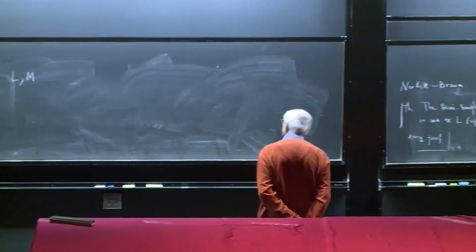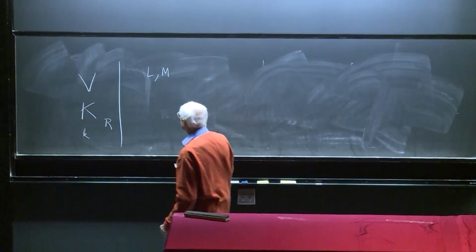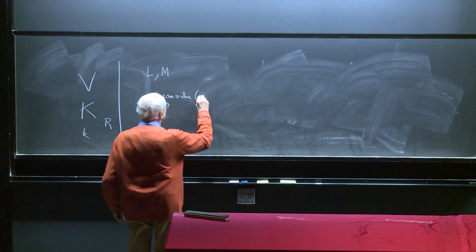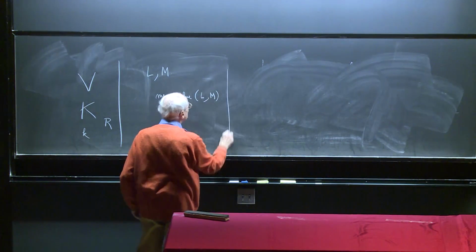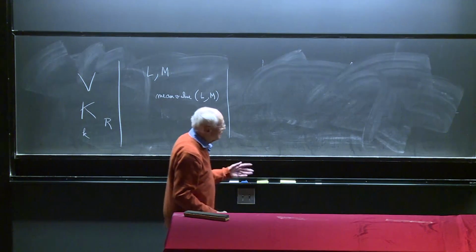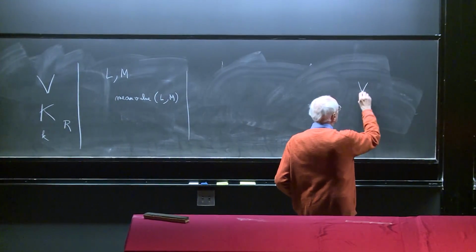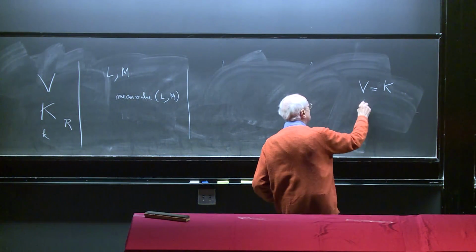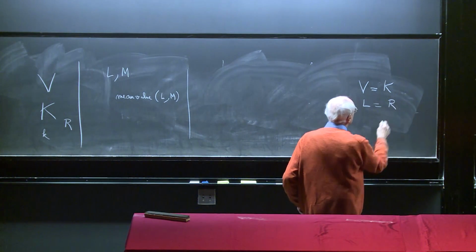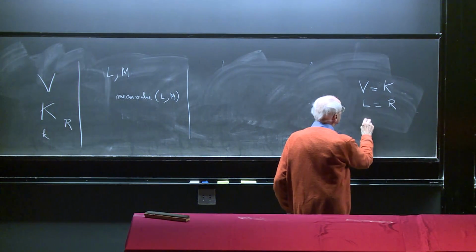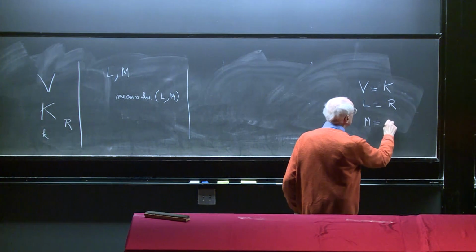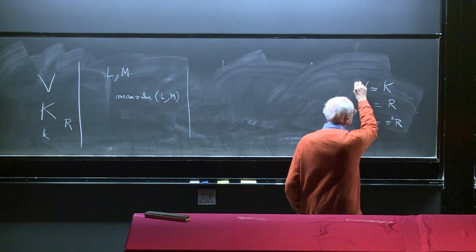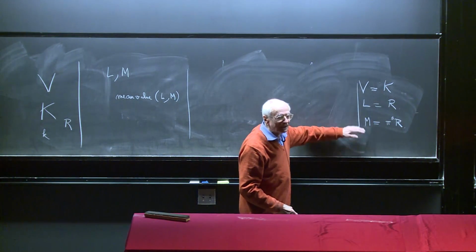What I want to do is to define a kind of mean value of L and M. To give you an example of what I want, let's take a very simple case. Let's take V one-dimensional, equal to K. Let's take L to be just R, and let's take M to be, say, pi to the 9 R. So you see the distance between L and M is 9, so to speak.